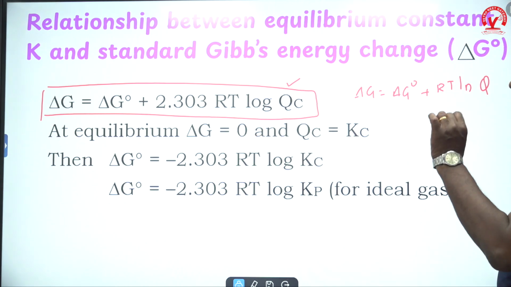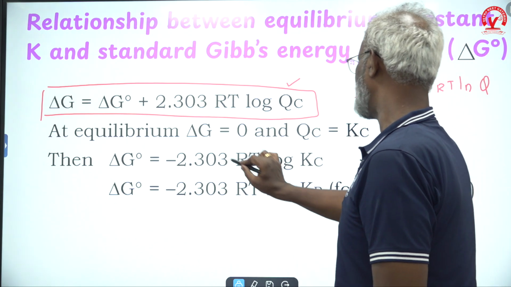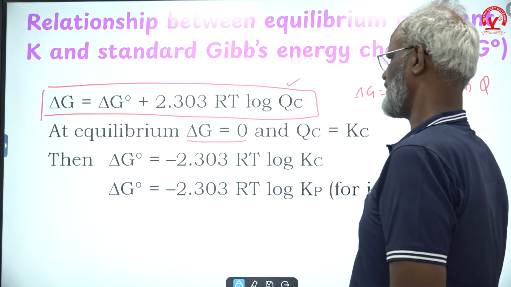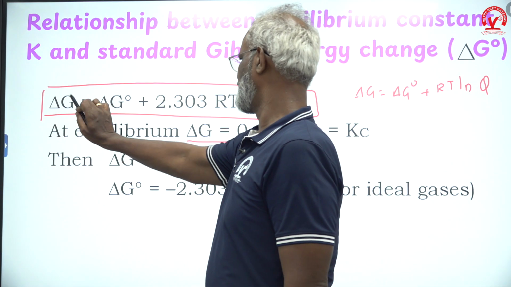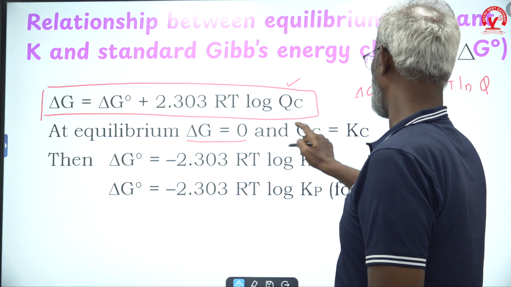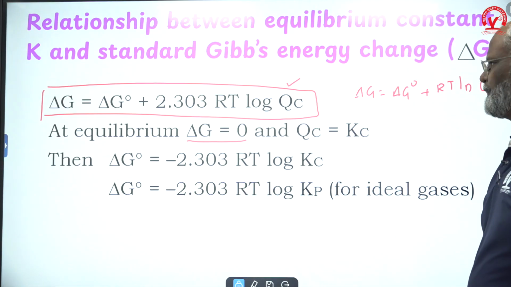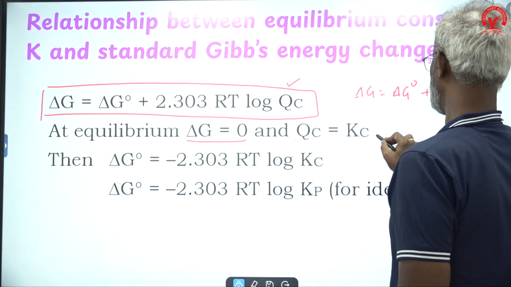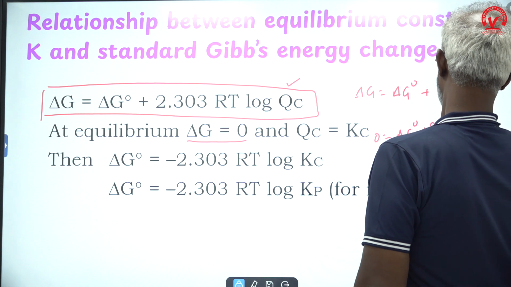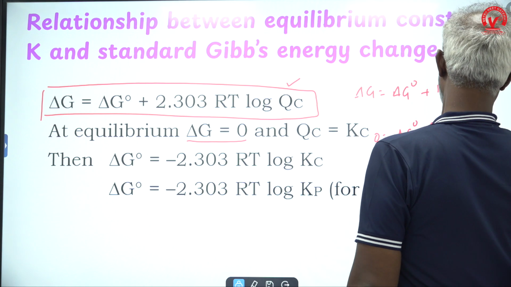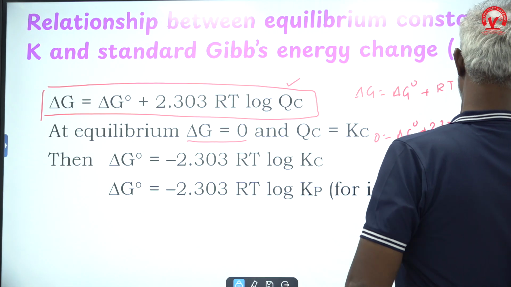When the system attains equilibrium, the delta G value will be equal to 0. At equilibrium, delta G is 0, and since it has attained equilibrium, Qc will be equal to Kc. So it becomes 0 is equal to delta G naught plus 2.303 RT log, instead of Q, write Kc.